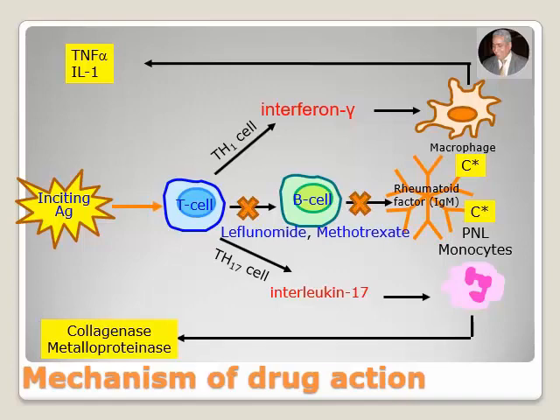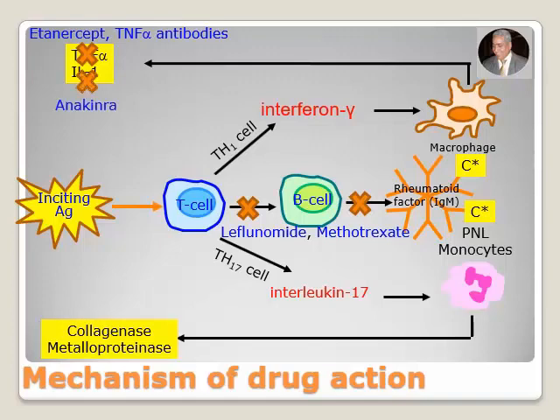The two most important drugs, methotrexate and leflunomide, act on the lymphocytes, the T and the B lymphocytes. Etanercept, infliximab, and adalimumab target the tumor necrosis factor alpha.